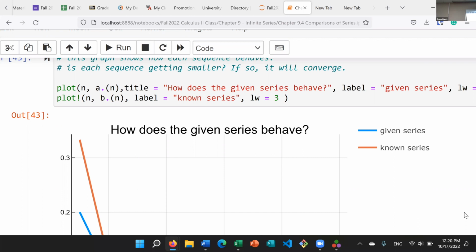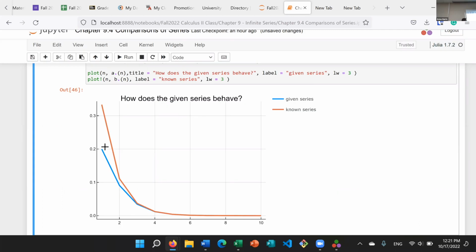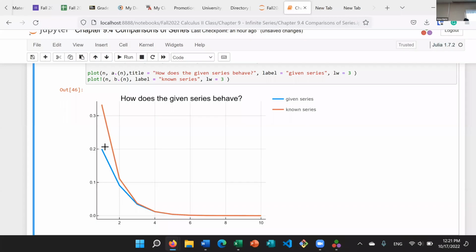Are you with me, class? Which one is your problem, red color or blue color? The red one is the known series. Blue color is the problem series. Which one is bigger, red color or blue color? Red is bigger because red is above blue color.